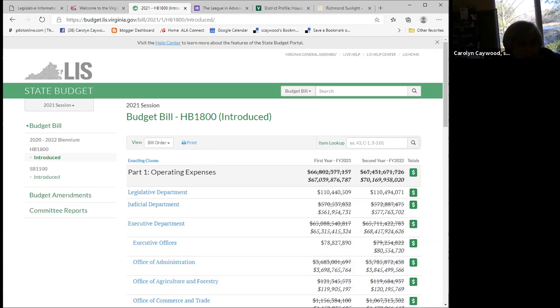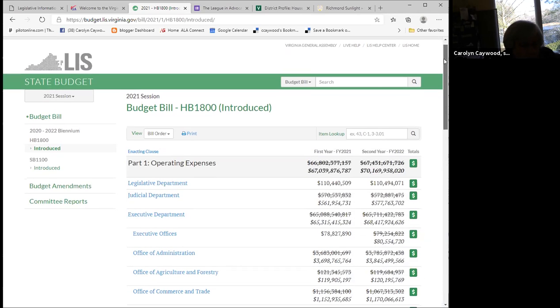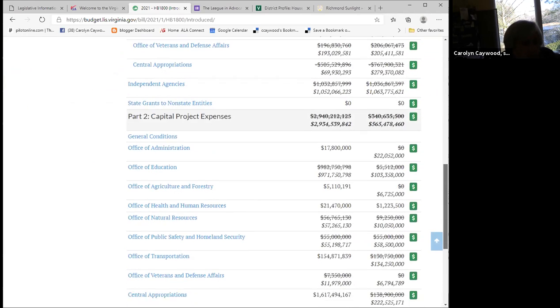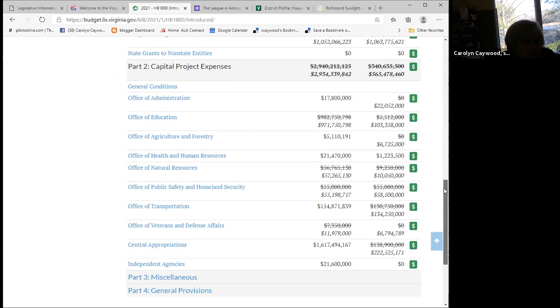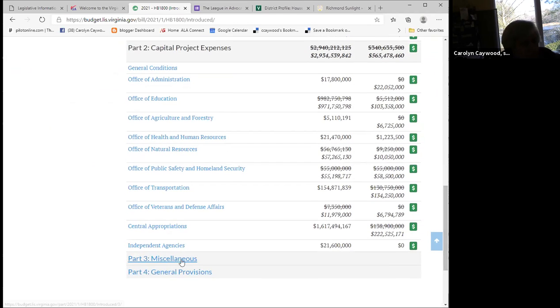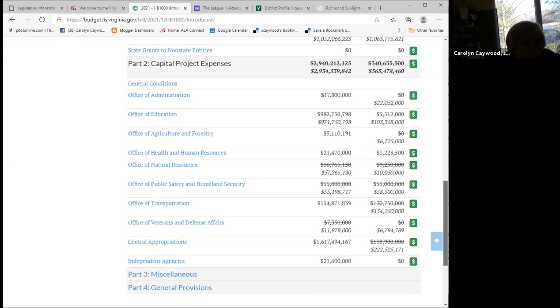It's divided into 2 chunks: operating expenses, capital expenses. Everybody knows what those mean. And there's actually these 2 as well, but I think you mostly are going to look at the first 2. If your concern has to do with infrastructure, you're going to be in the capital section.